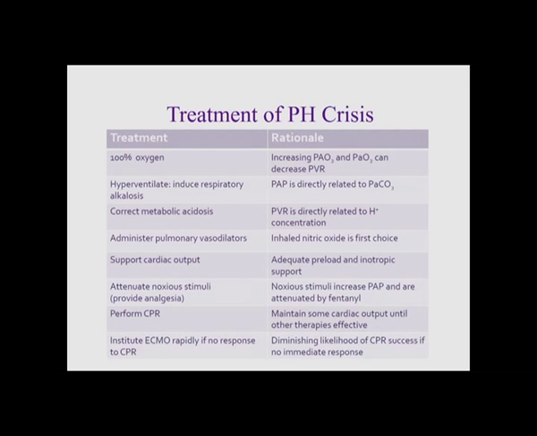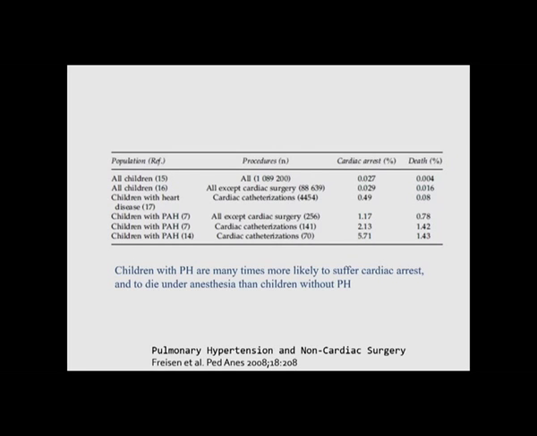Nitric oxide would be the first choice of the treatment, and support the cardiac output, and again, at the end, CPR and possibly ECMO, which you probably would not have in a peripheral hospital, and that's one reason why these children should not be treated in a general hospital.